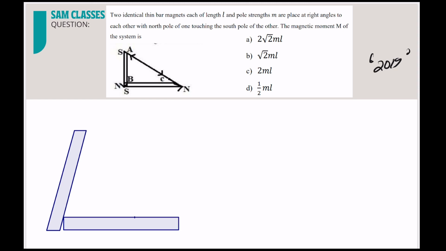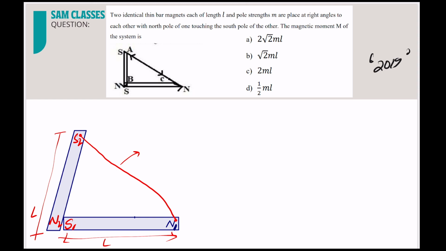This one is N1 and S1, and this is N2, S2. This is of L length and this is of L length. Here the pole strength, let's say we have taken M and M for both of them.